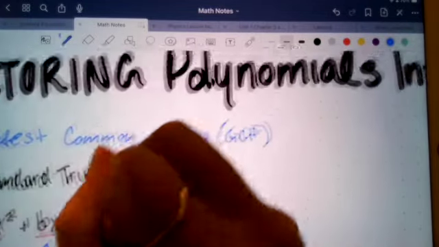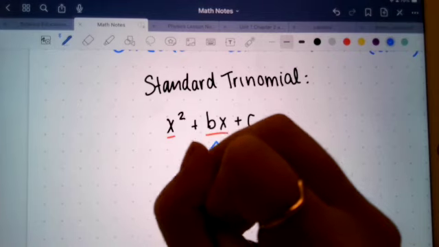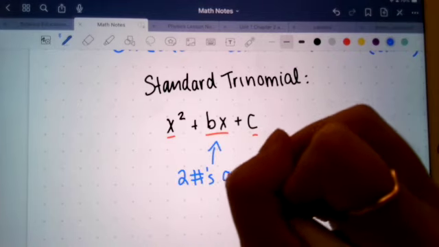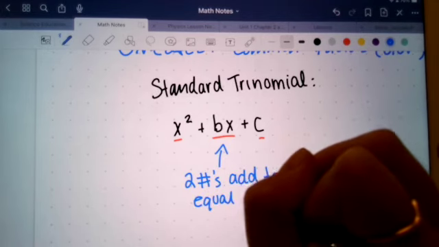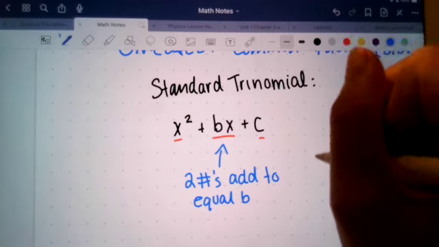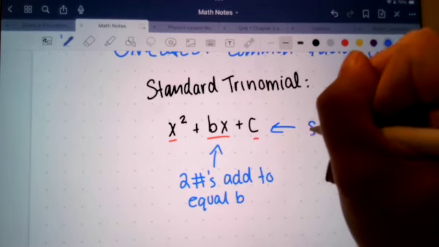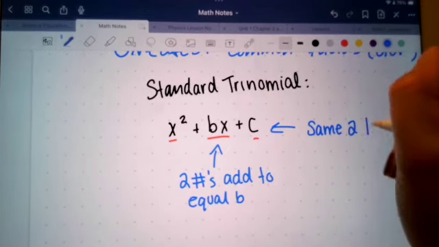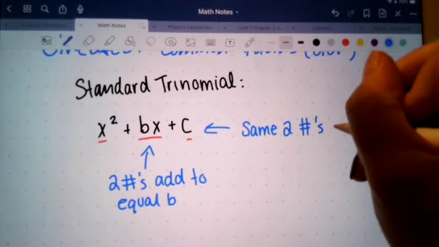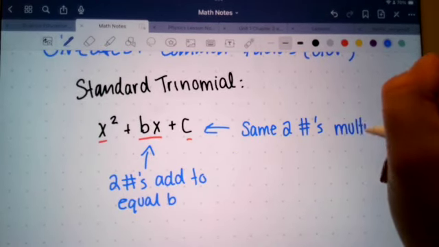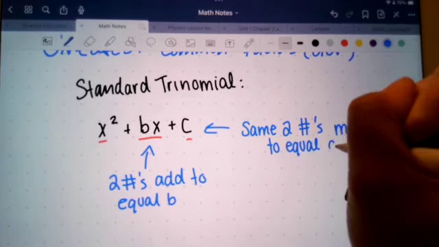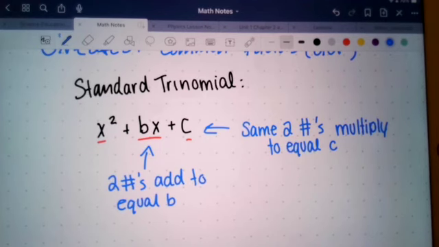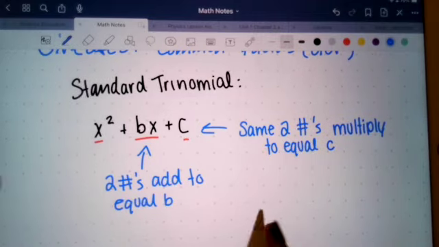Those two numbers are going to add to equal b, and those same two numbers are going to multiply to equal c. Okay, so that is the thing that you need to remember. And so we can go through and practice this a couple of times here.